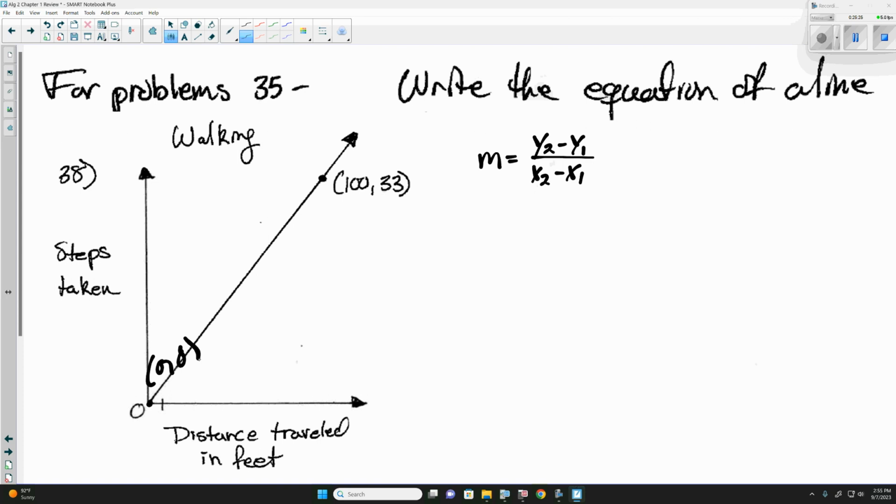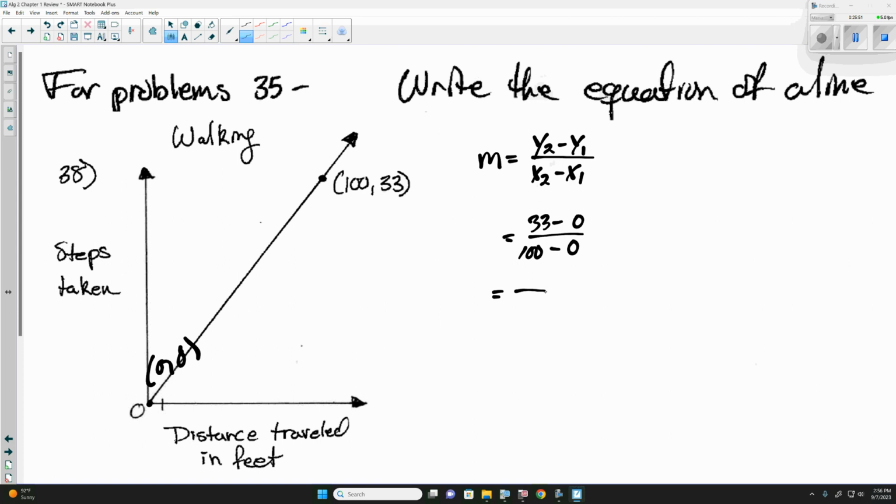Now the first thing we need to find the slope are our two y values. What's one of them? 33. The other is 33 minus 0. The x value is 100 minus 0. Yes? Now at this point here, we can plug this into the calculator to simplify.